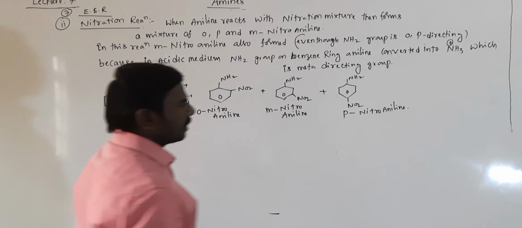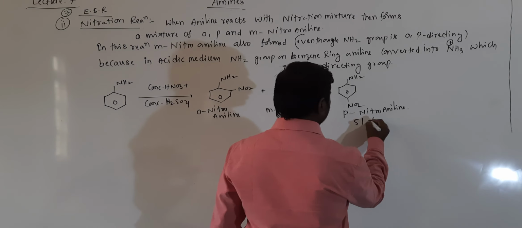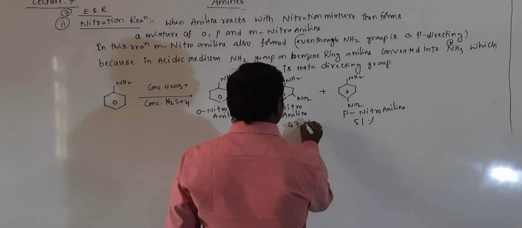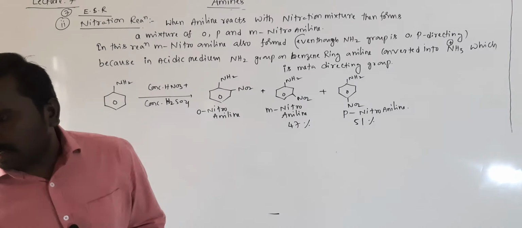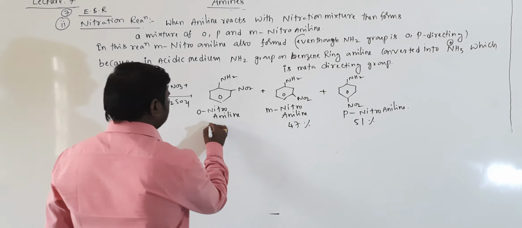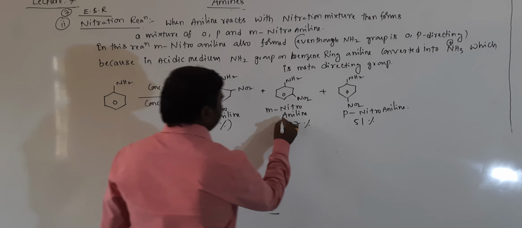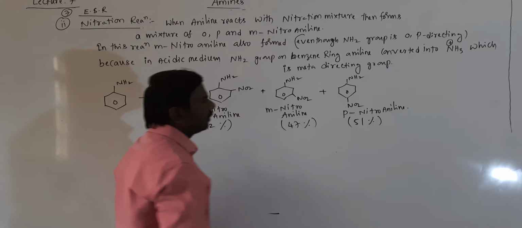Para 51%, meta 47%, and ortho 2% of product will be formed, right?